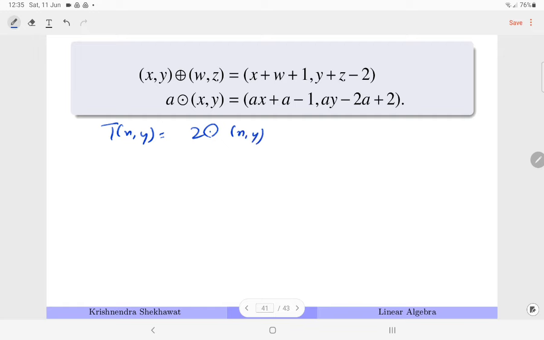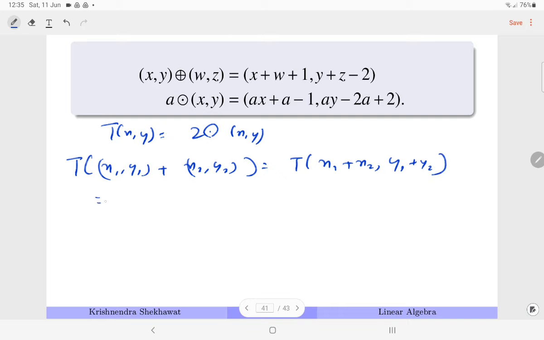I am not solving in detail, but what needs to be done is you have to see that the left hand side should be equal to the right hand side. If I start with the left hand side, it is something like T((x1,y1) + (x2,y2)), which is T(x1+x2, y1+y2), which becomes 2 dot (x1+x2, y1+y2).